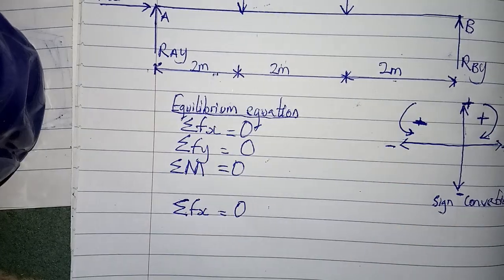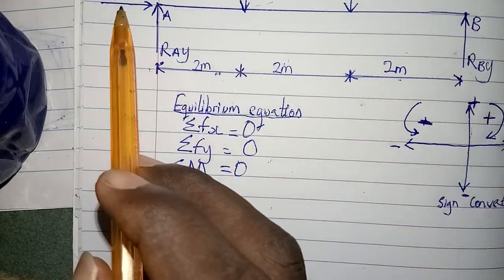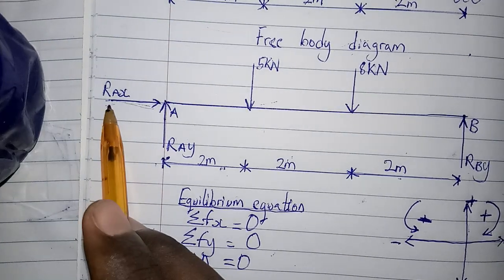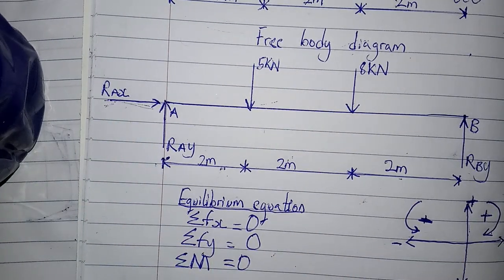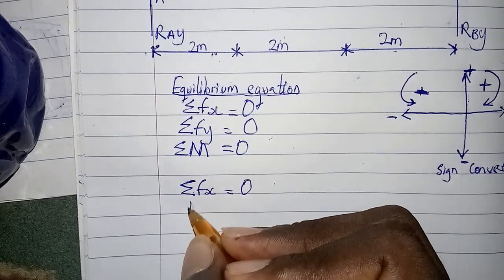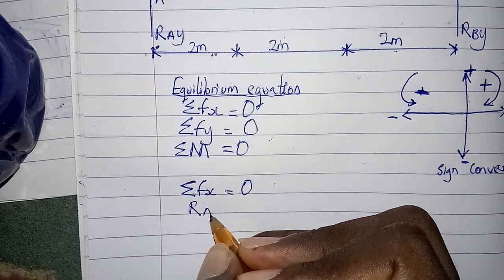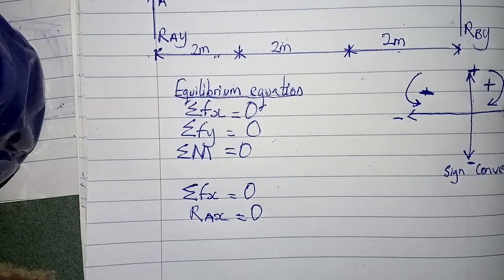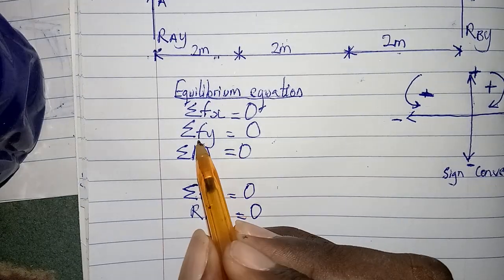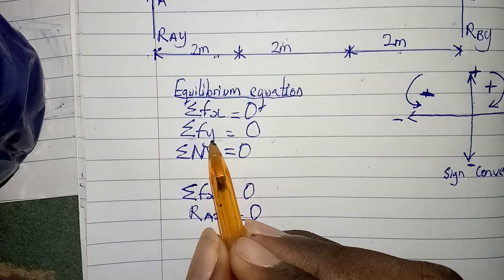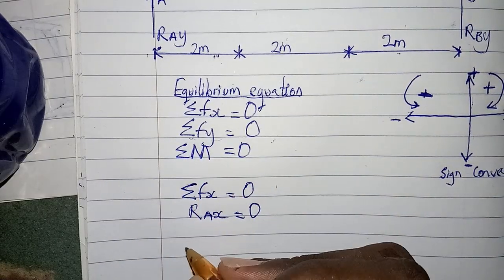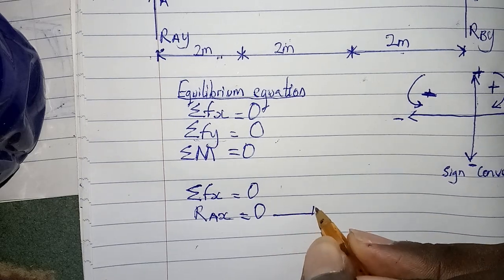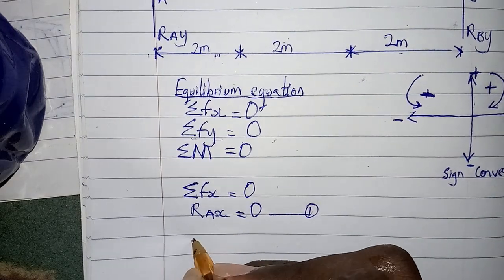Along the horizontal direction, we have this reaction, R A X. So we are going to get R A X should be equal to 0. So this one is equation 1. And let's go to the next one, equation 2.